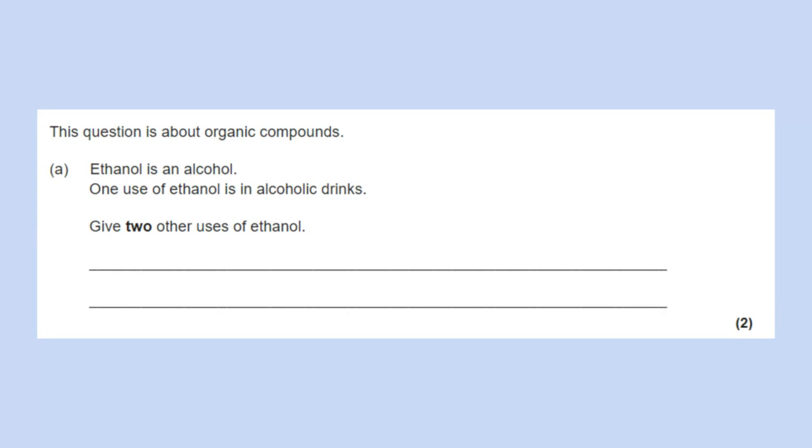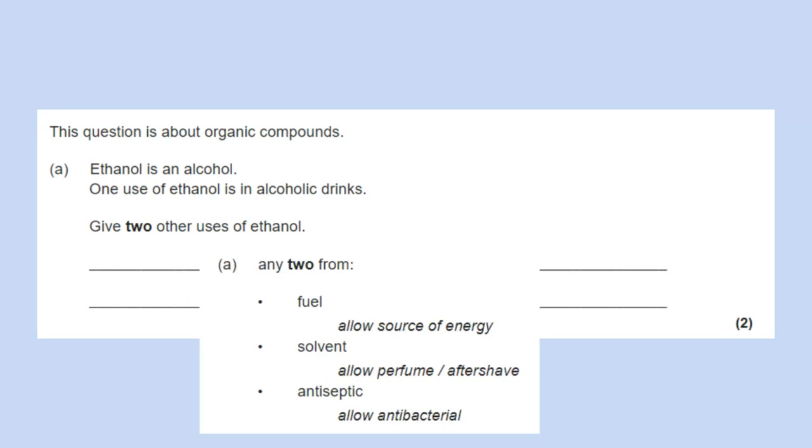So they might ask you uses of ethanol or uses of other alcohols. This question is asking you two uses. The mark scheme is allowing fuel, solvent, antiseptic or antibacterial.